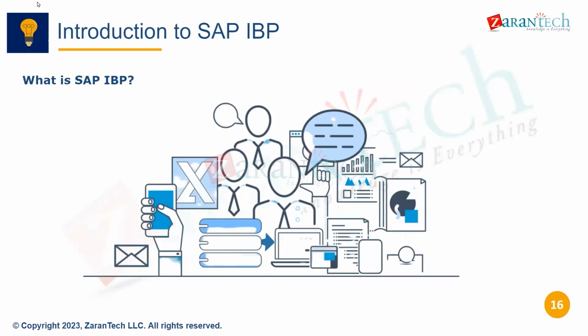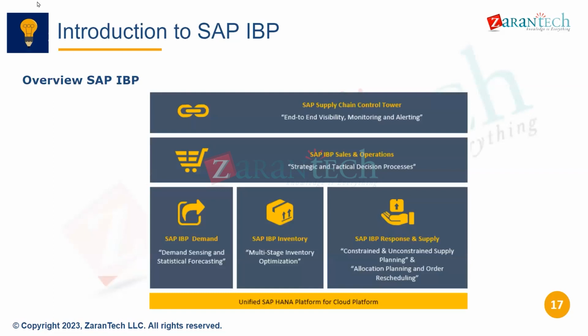So we move on. In the next part of this webinar, we'll talk about what is SAP IBP. As I mentioned, SAP IBP is basically an integrated business planning system. This system not only integrates the processes related to business planning, but it also integrates the people. The reason I say that is, in the various domains of SAP IBP, a lot of departmental heads and department people work together.